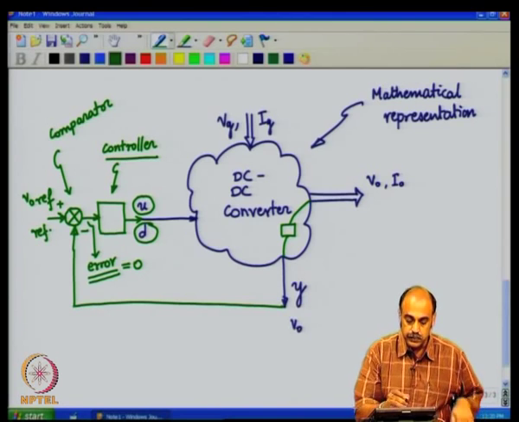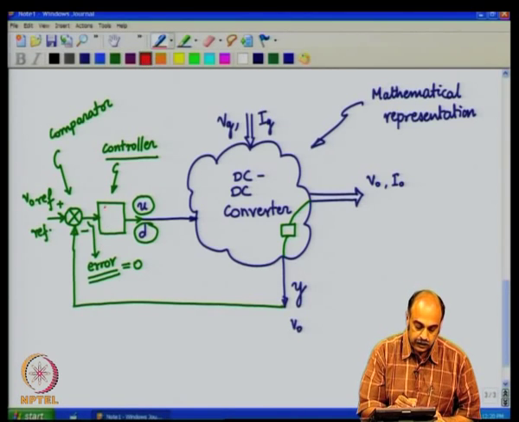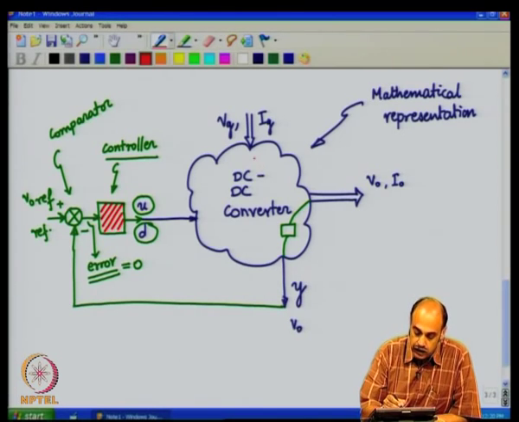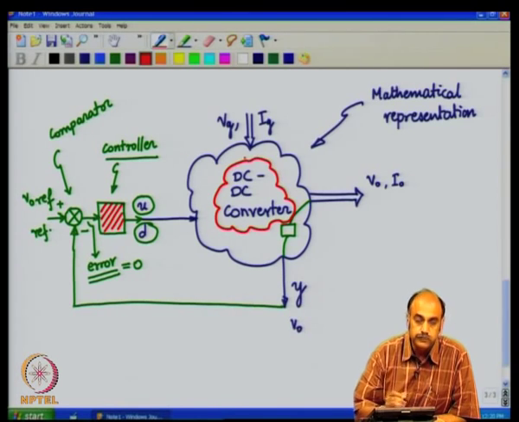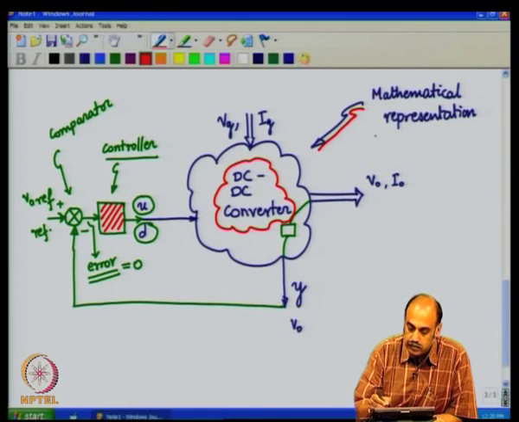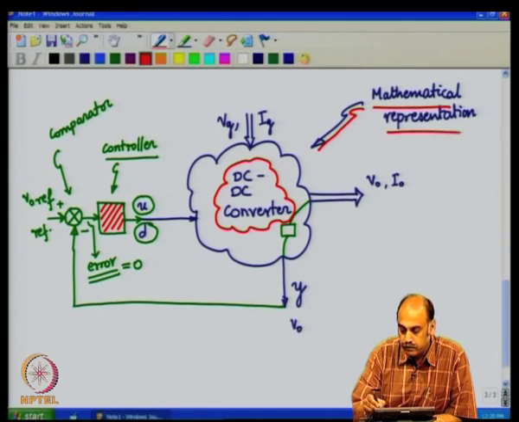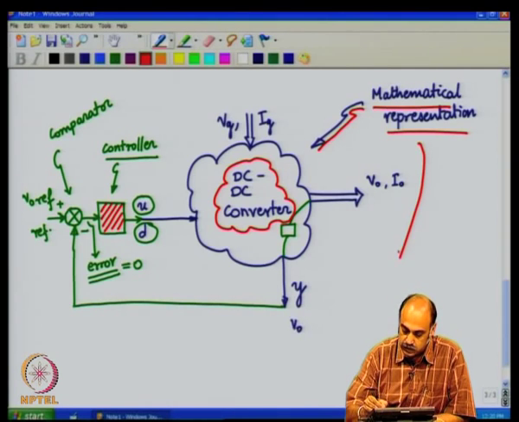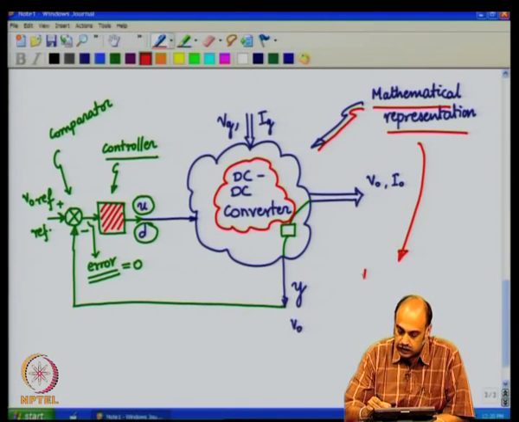In order to design this controller, we need to have a knowledge of the DC-DC converter in a mathematical form, and that representation is called the dynamic model.